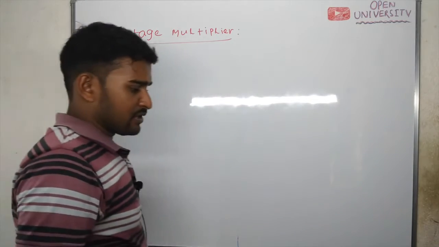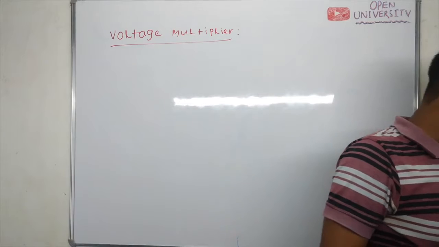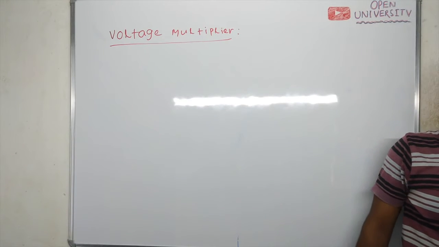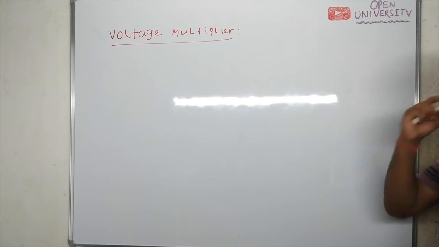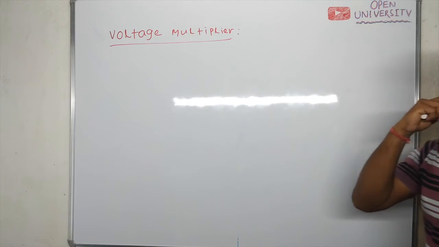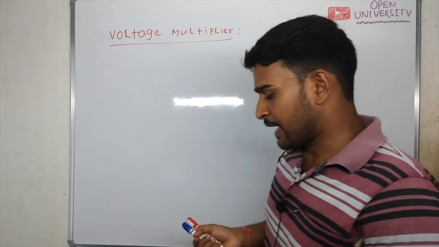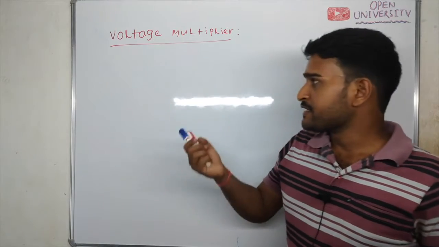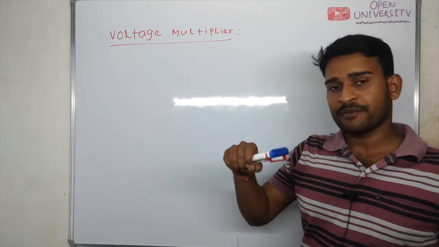So what is a voltage multiplier? A voltage multiplier is a circuit whose input is an AC signal and output is an integer multiple of the maximum value or peak value of input.